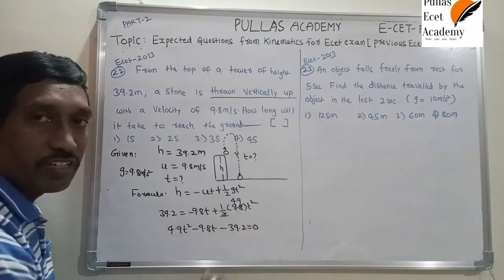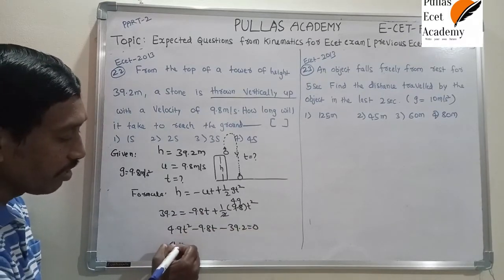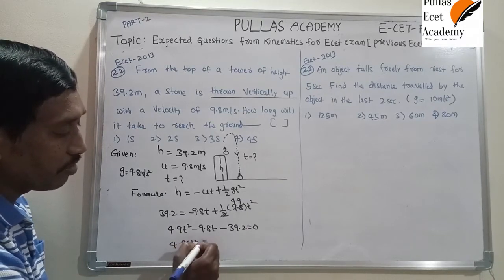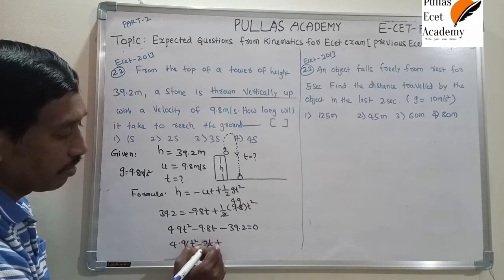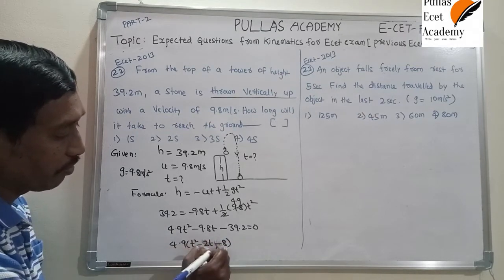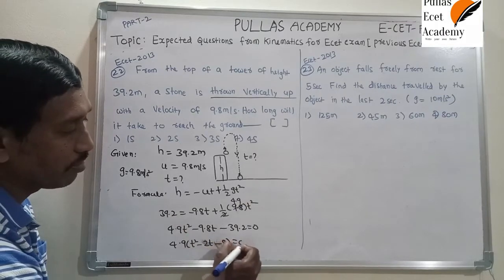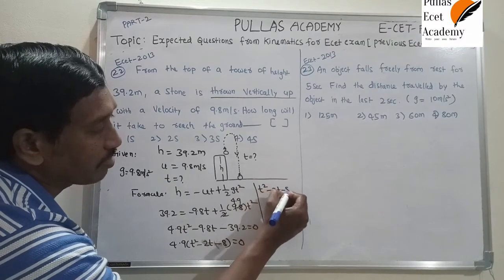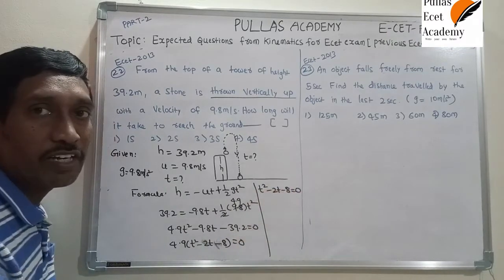This is one quadratic equation. In this equation, take 4.9 common: t² minus 2t minus 8 is equal to 0, since 4.9 into 8 is 39.2. So t² minus 2t minus 8 is equal to 0 is the quadratic equation.